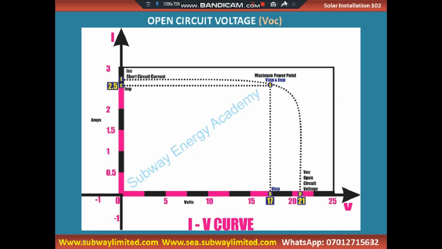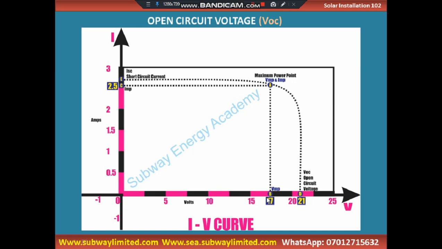So it is your open circuit voltage that will give you the impression of how original your solar panel is. That is what you have to do. You test the positive probe, link it with the positive probe of the multimeter.